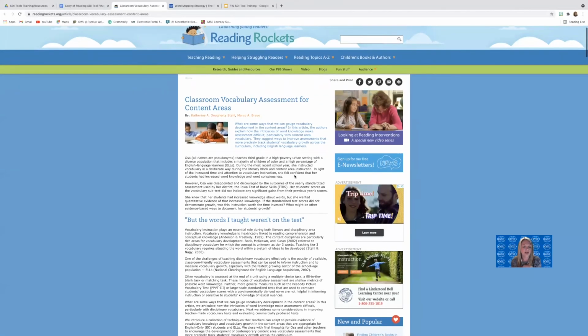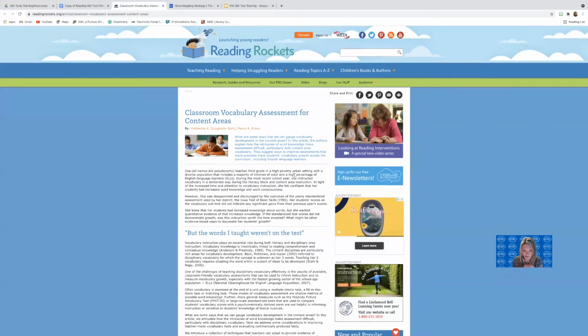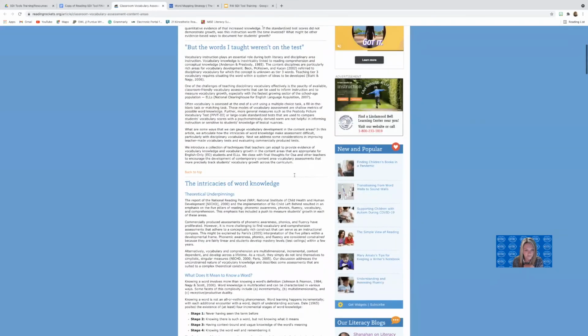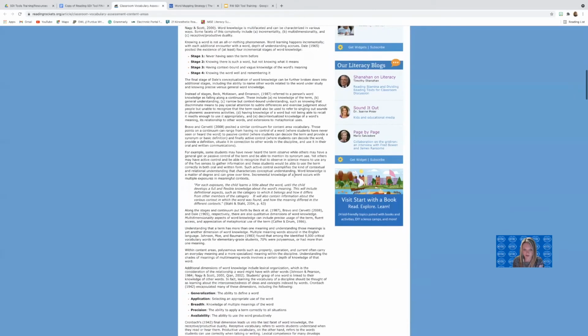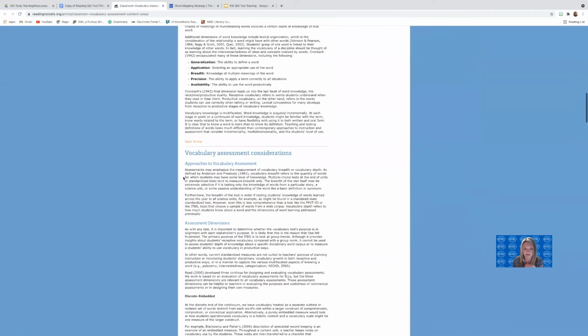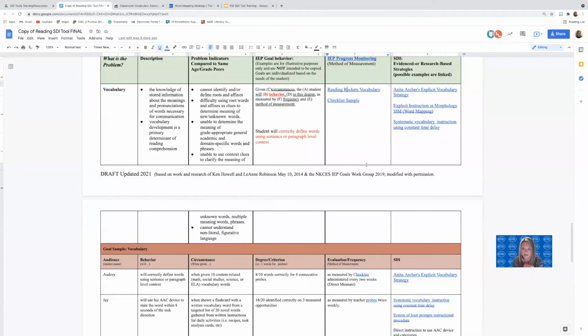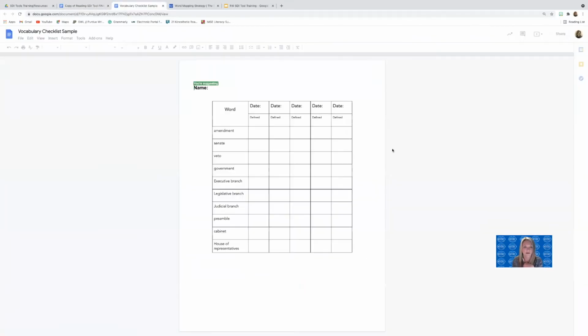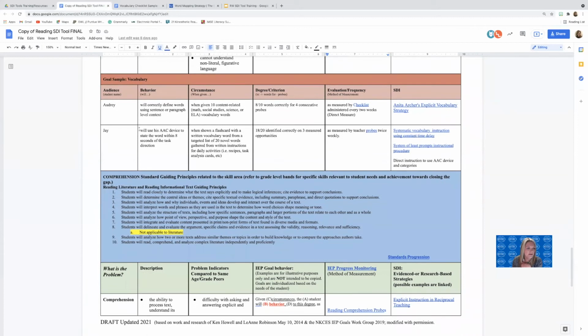Reading Rockets is awesome, and it gives you some directions on how to do those vocabulary assessments. And then here's a little checklist sample. You can make a copy of this and put in words. This one is a social studies example. At the bottom is the example of your goal that you can write.